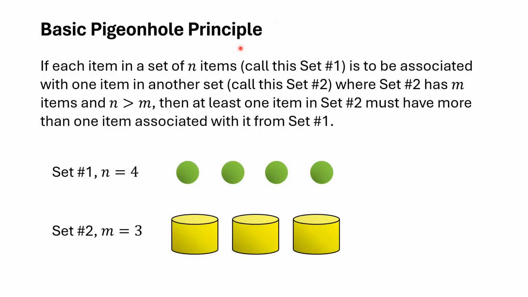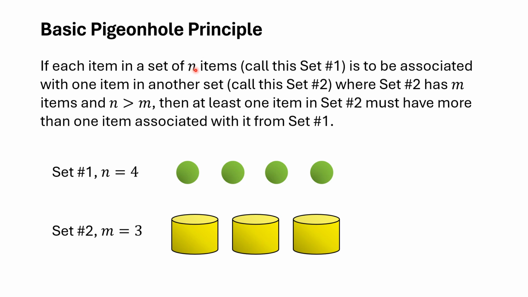On this slide, we have the base version of the pigeonhole principle, and this is the one you may have seen before. I have kind of a theoretical definition here, a little bit technical, I guess is maybe the right word, and then I'll give you an example here on the bottom. But let's look at the technical definition first. So you have 2 sets. One we'll call set 1 and set 2. So the first set has n items. They're identical items.